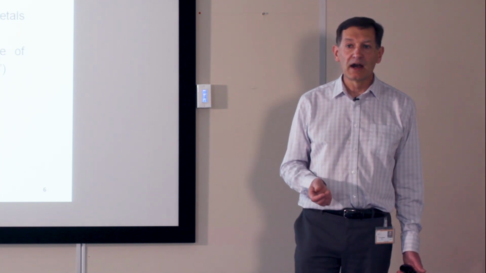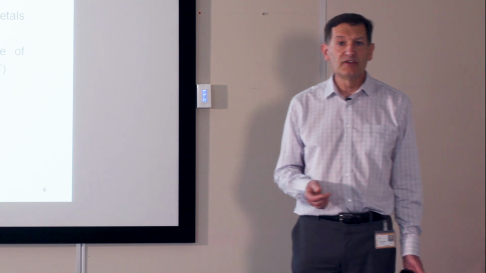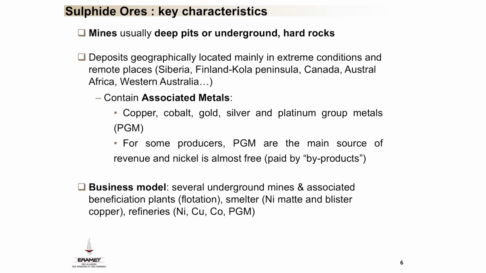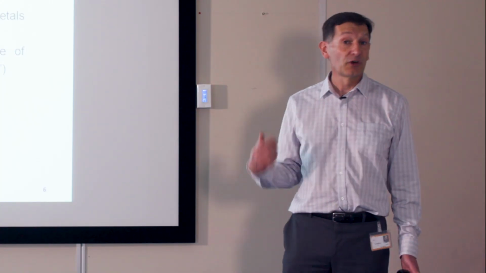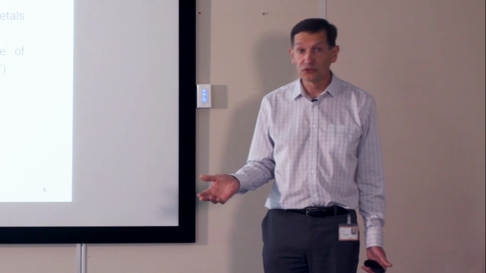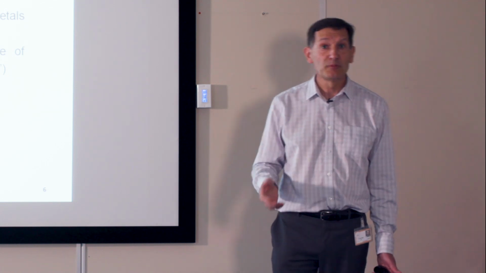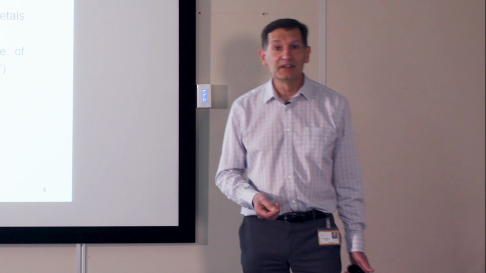These deposits are mainly located in very extreme condition areas, either in the north part of the world with temperatures less than minus 25 degrees in winter, or in the south part of the world, in the desert of Australia, with temperatures up to 40 degrees in summer.